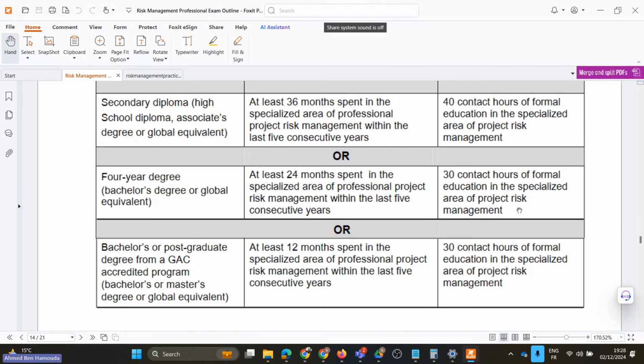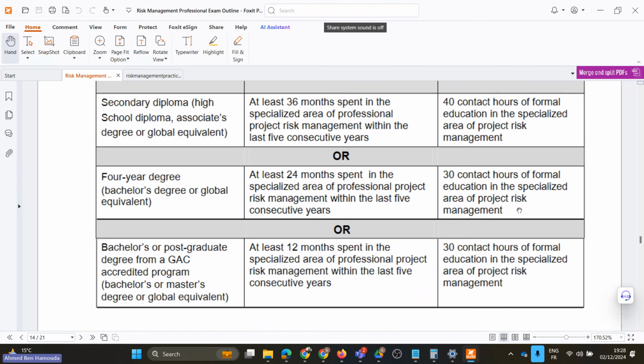So actually the course which we have prepared and created for you contains those 40 or 30 contact hours, and it's quite an interesting, really quite comprehensive course, which contains all the 5 domains plus practice exercises, plus practice questions, etc. So it's really quite an interesting, quite detailed course.